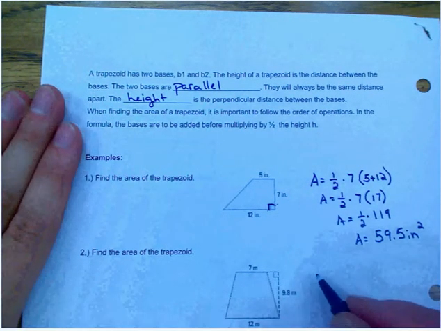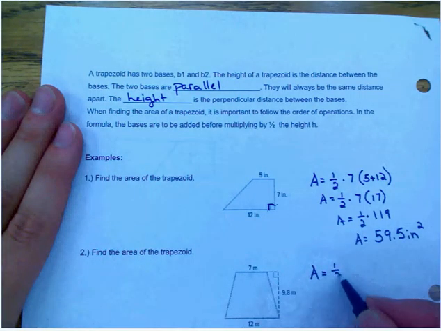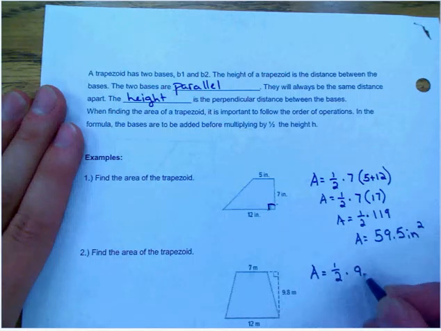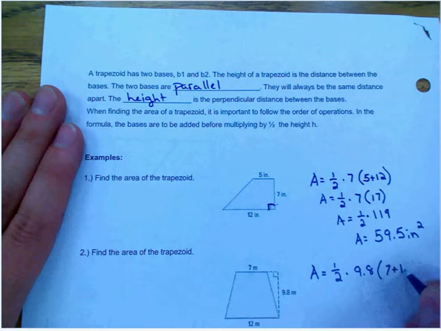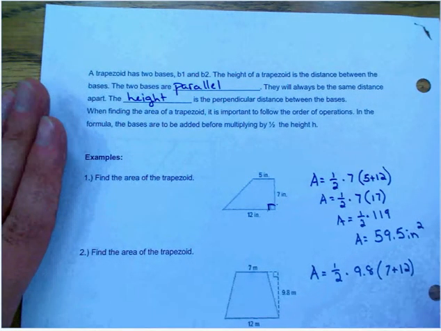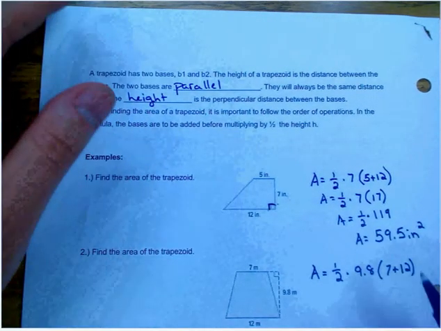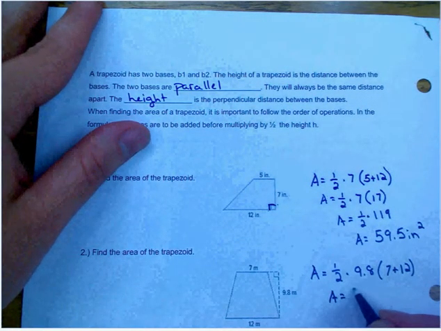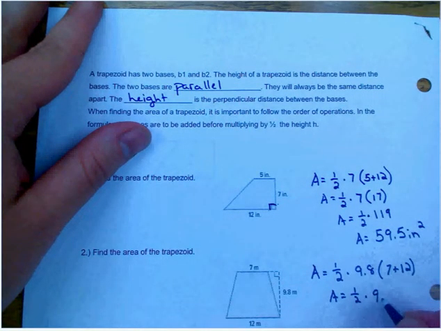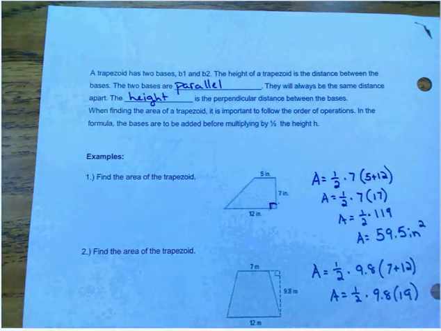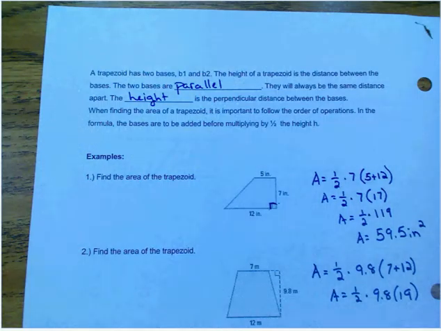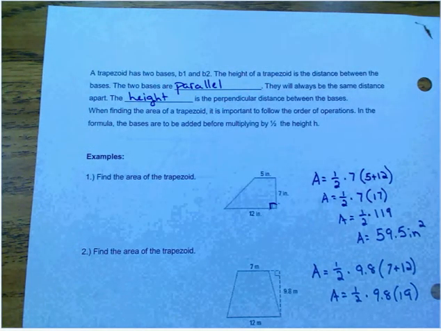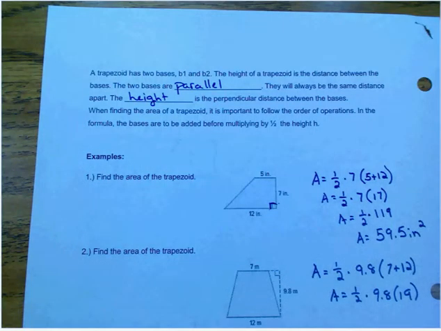In our second example, we have A equals 1/2 times 9.8 times (7 plus 12). As we're looking through, we do 7 plus 12. So we have 9 8/10 times 19, which is 186.2.